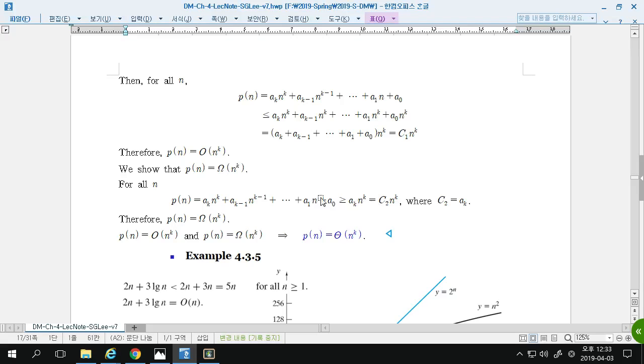Since there exists this inequality and constant C2, we can say P of n is omega of n to the k. Since P of n is big O of n to the k and omega of n to the k, we can tell P of n is theta of n to the k by the definition. Clear?